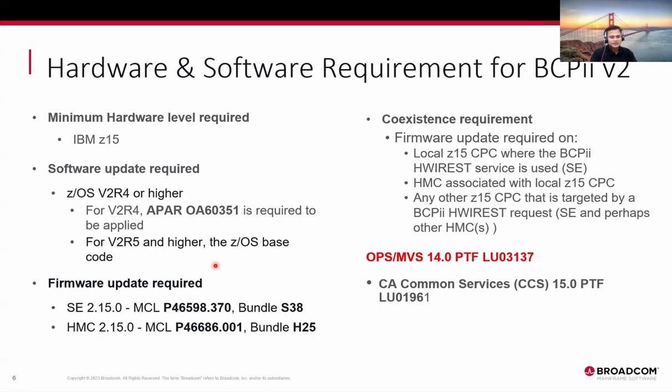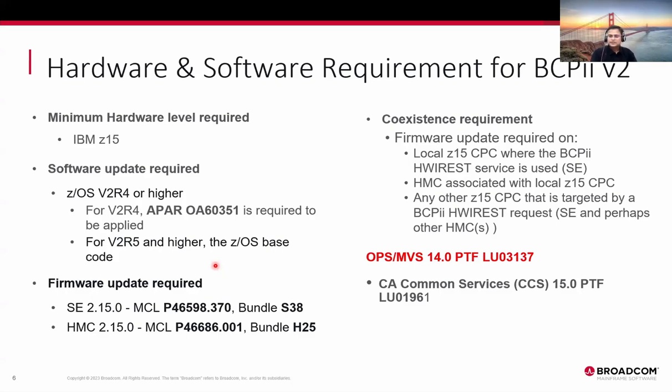For the support element and the HMC, there is a microcode level required: P46598, which is bundle S38, and for the HMC, it's 46686, bundle H25. These are the minimum required in the environment to get BCPii version 2 enabled.